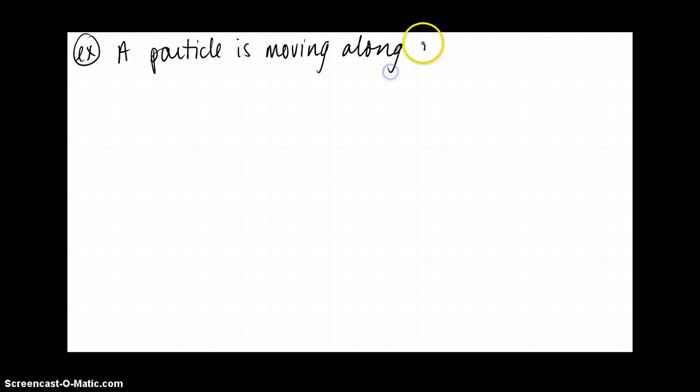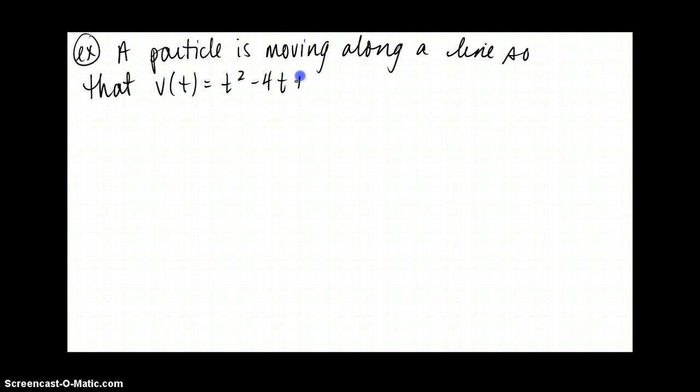Okay, so let's look at an example here. A particle is moving along a line so that its velocity is given as t squared minus 4t plus 3, measured in feet per second at any given time t.